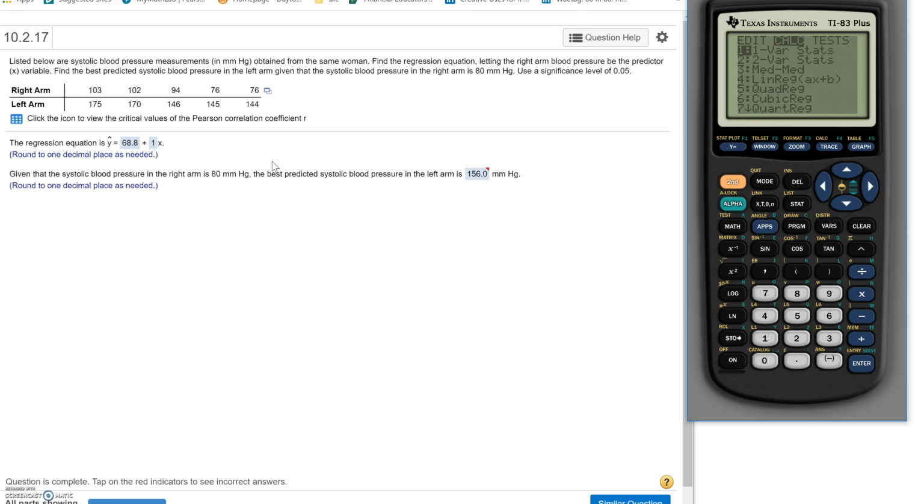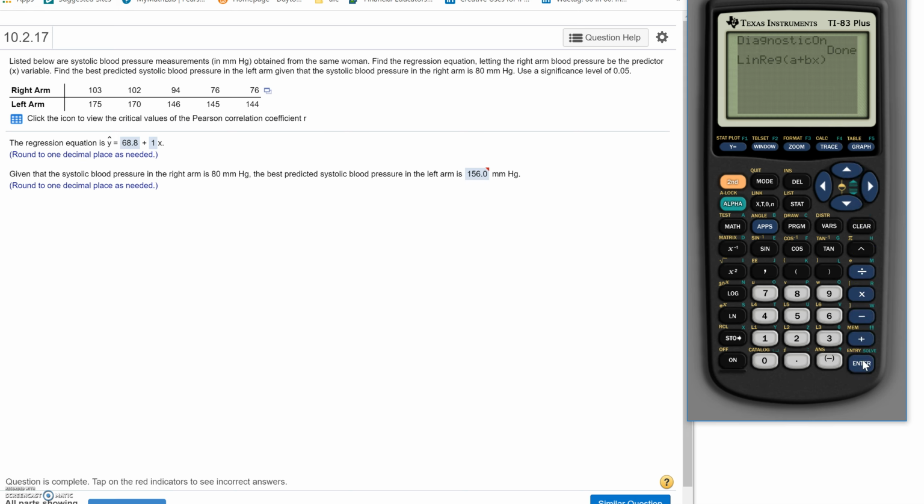So the x term comes second. If you scroll down, you see under number 4, you see a linear regression that is in the form of ax plus b. We don't want this. Scroll down further, and for number 8, so you have to use 8, you have it in the form of a plus bx. So that's the form we need.